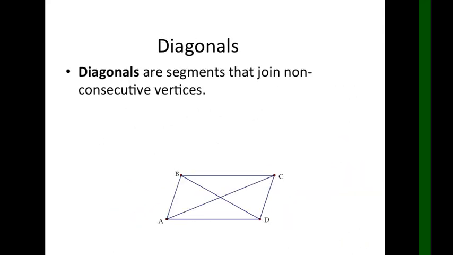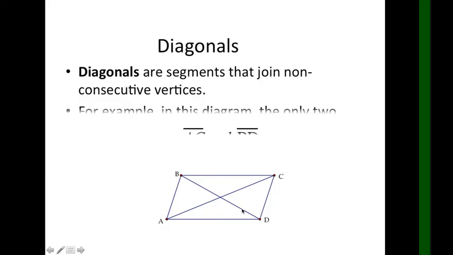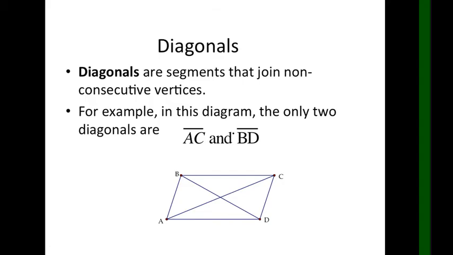Okay? Diagonals. Diagonals are segments that join non-consecutive vertices. So these are the diagonals in the parallelogram. Okay? So for example, in this diagram, the only two diagonals are line segment AC at saka line segment BD.